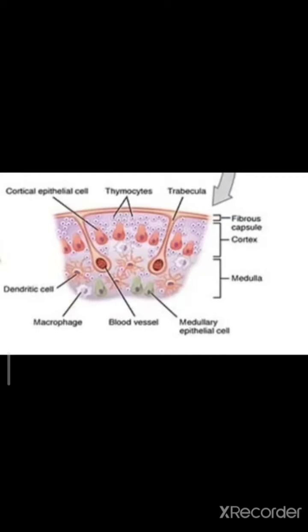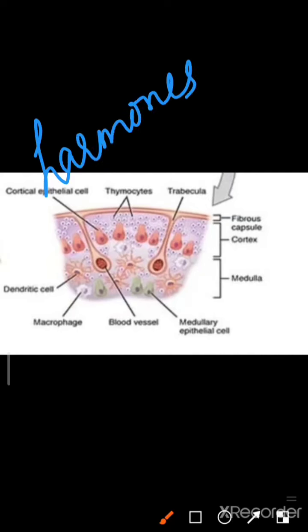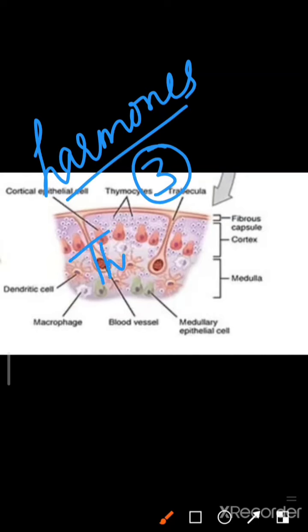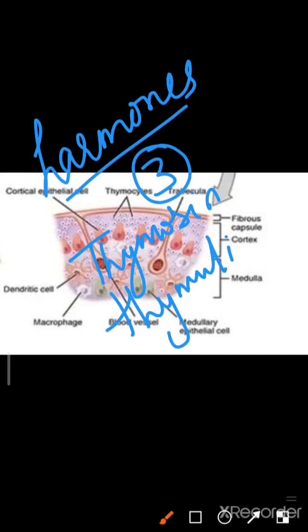What is the function of these epithelial cells? The epithelial cells produce hormones. Three types of hormones are produced: thymosin, thymulin and thymopoietin.